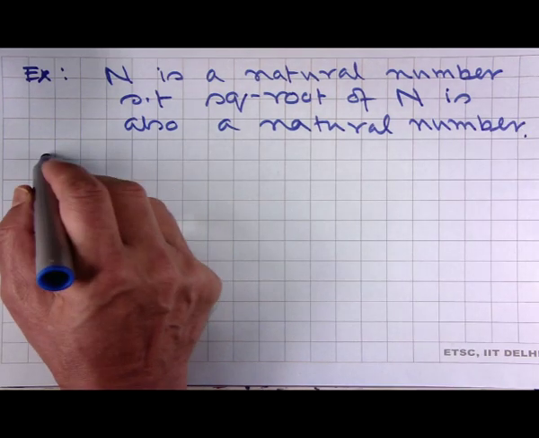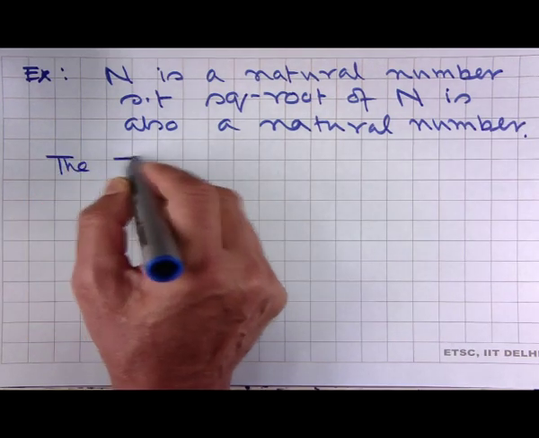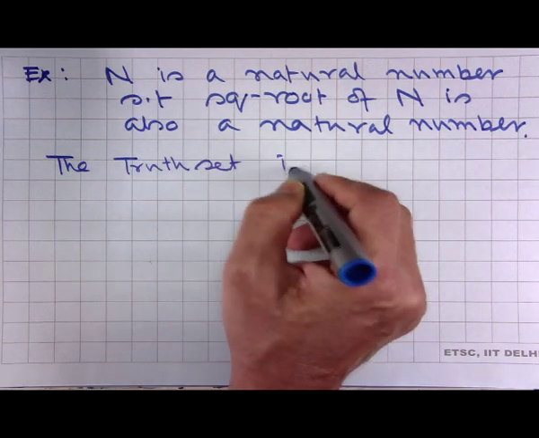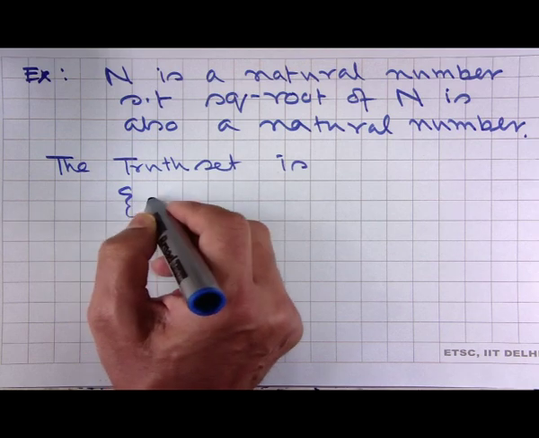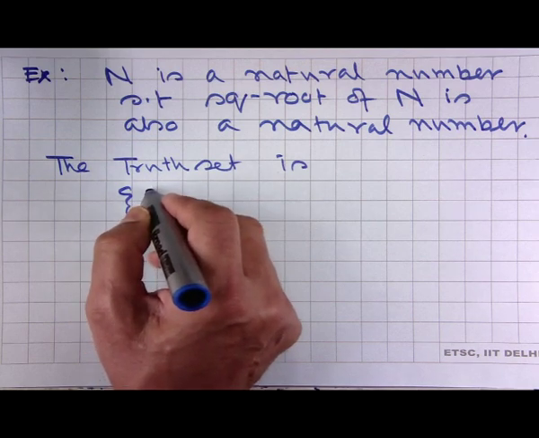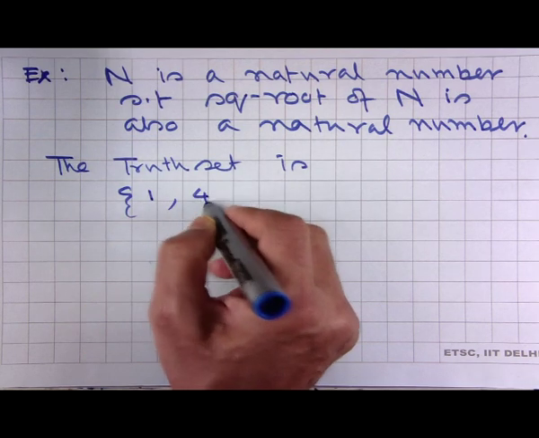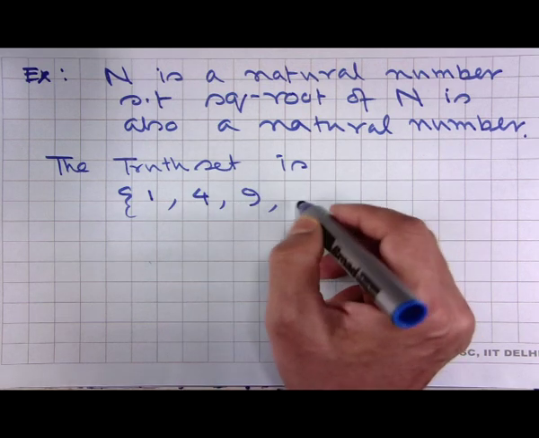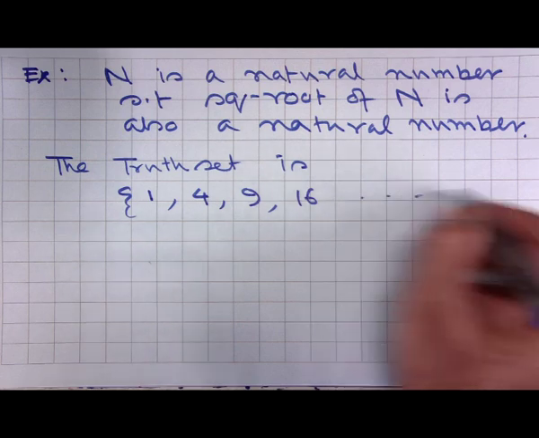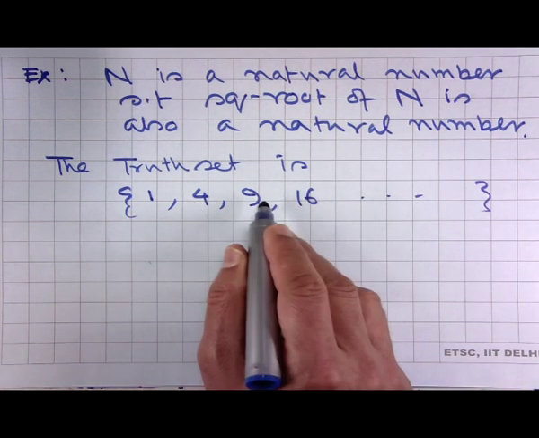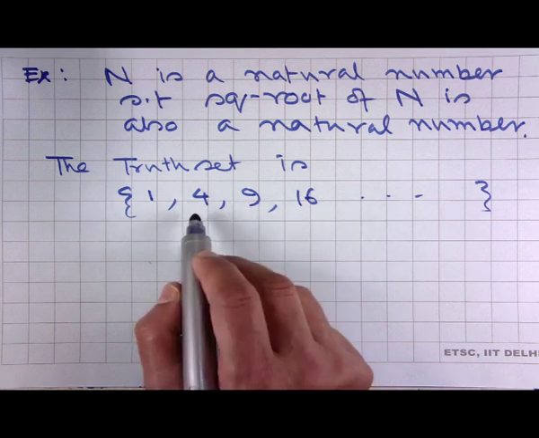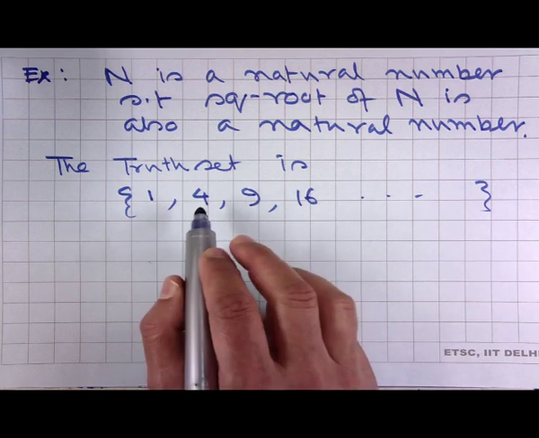Then the truth set is 1, 4, 9, 16, etc. Because these are the squares of integers, their square root is also going to be a natural number.